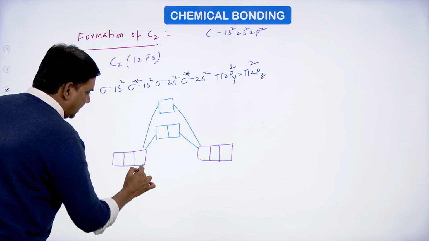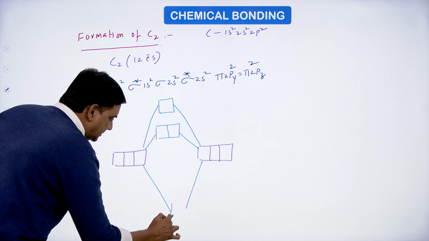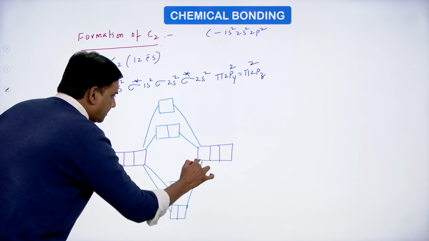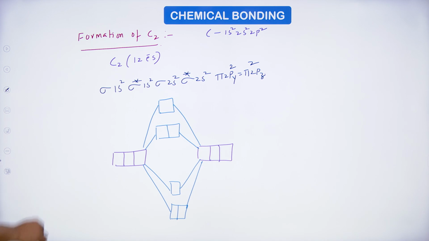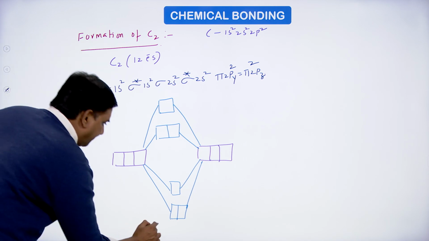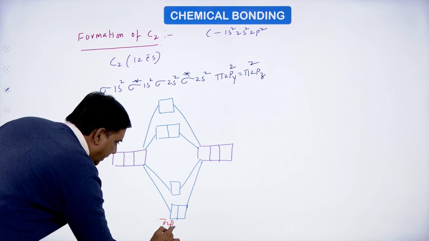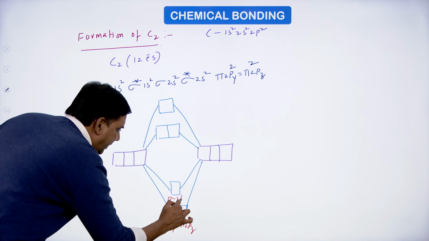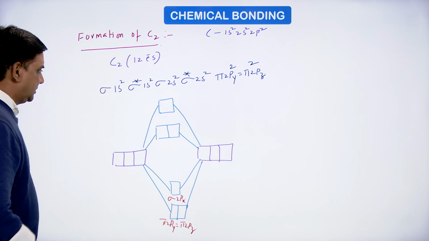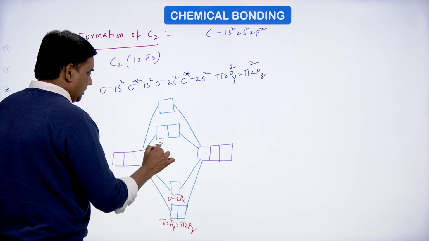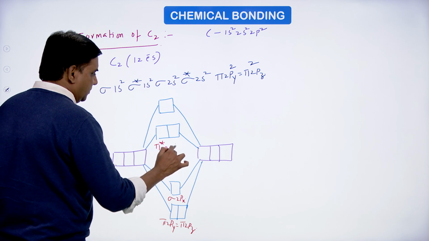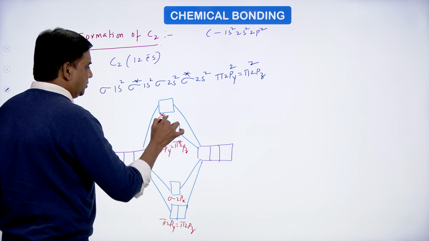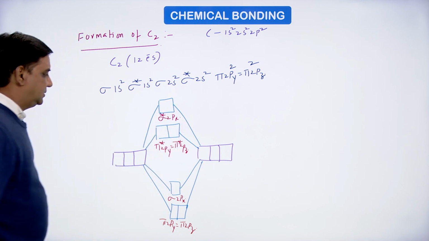Like this, and this is pi 2py equal to pi 2pz, and this is sigma 2px, and this is pi star 2py equal to pi star 2pz, and sigma star 2px, like this.